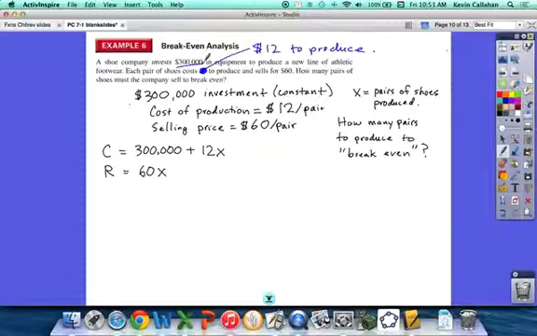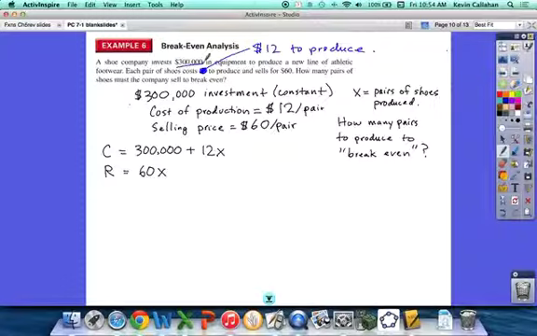Well, let's see. The cost had an initial investment of $300,000, and it cost $12 for each pair of shoes, right? So this part of it will change for every shoe that you produce. The revenue, you charge $60 per pair of shoes, so you're going to get $60 times x coming back. We want to know what's the break-even point. What are we going to do with these? Set them equal.